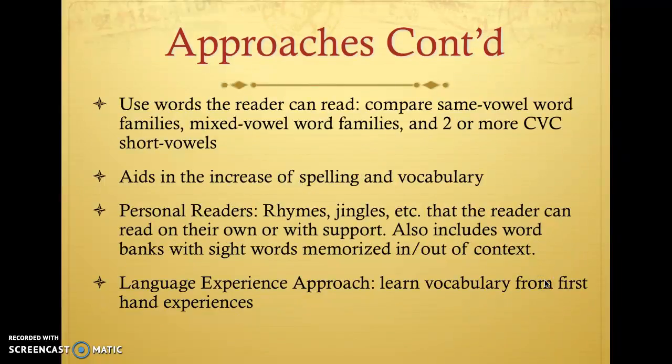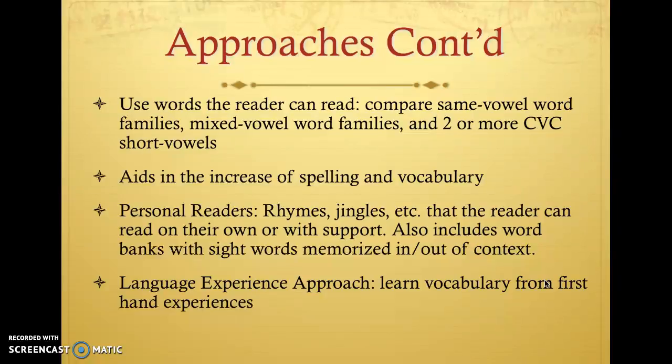You want to make sure that you're using words that the reader can read, so that there's some automaticity in their reading, and you also want to work with word families. So the CVC, I think you know what that means, is consonant, vowel, consonant. So you might have words in the family cat, and also in the family tin.